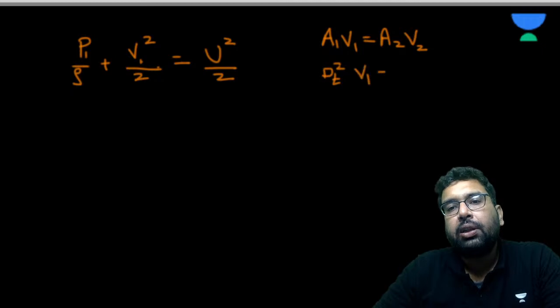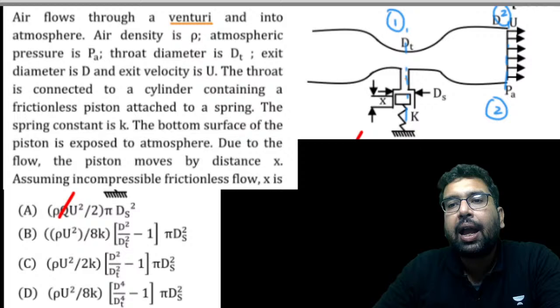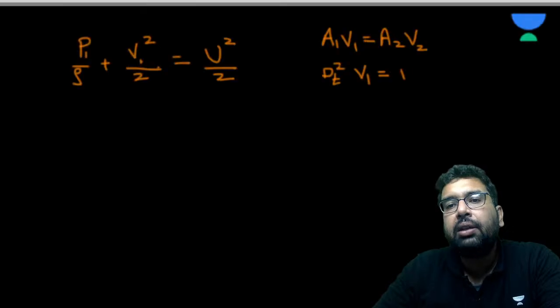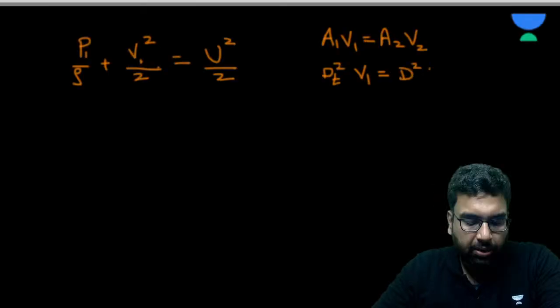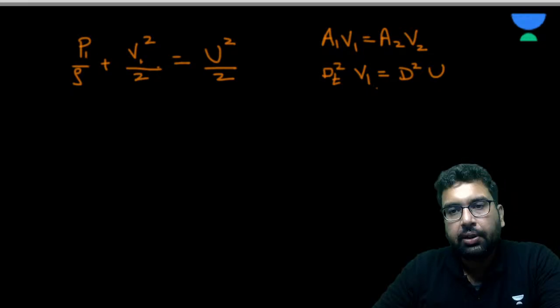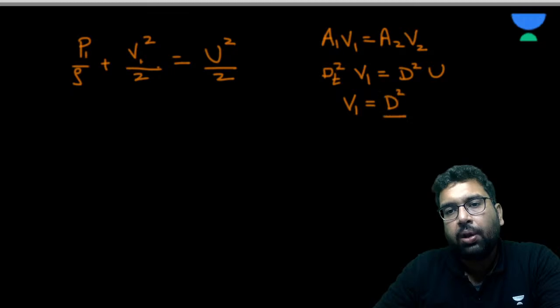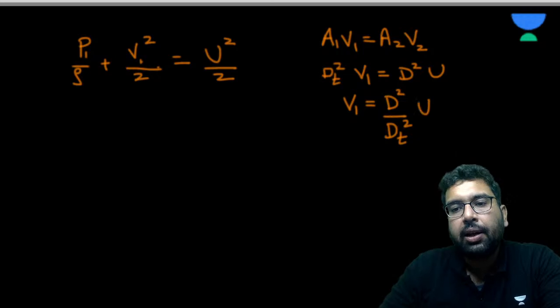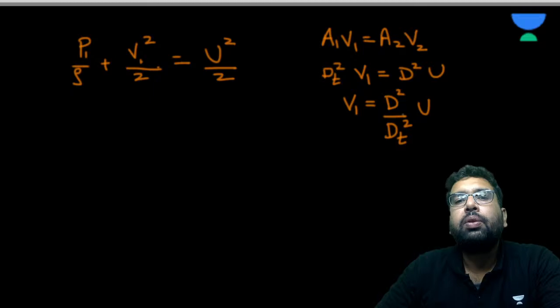And what is A2? The diameter at the exit is given as D. So this is D square U. So V1 will become D square upon dt square into U, right?